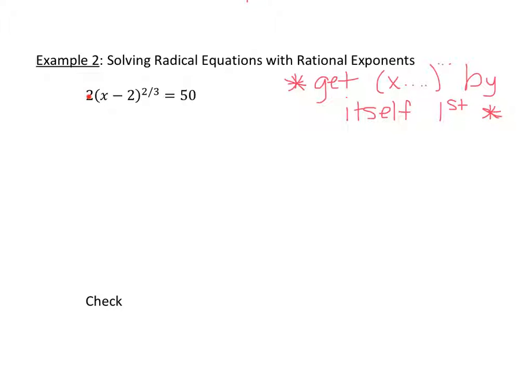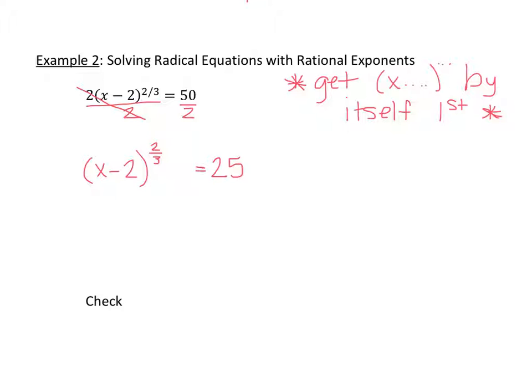This 2 needs to move, so how should we move it? Divide everything by 2. So these cancel. So we have x minus 2 to the 2/3 equals 25. Now the whole x parenthesis thing is by itself.